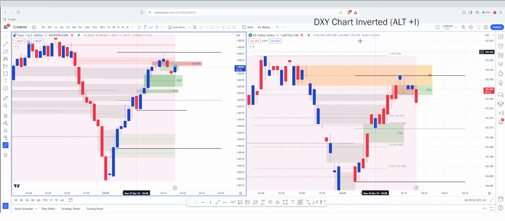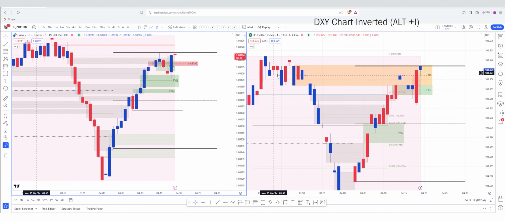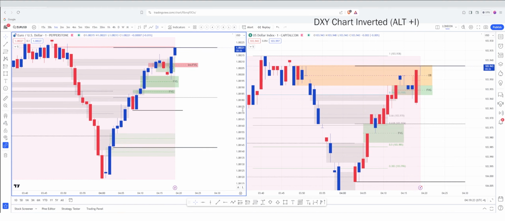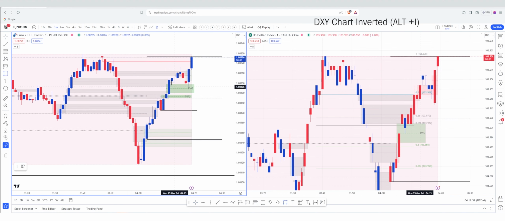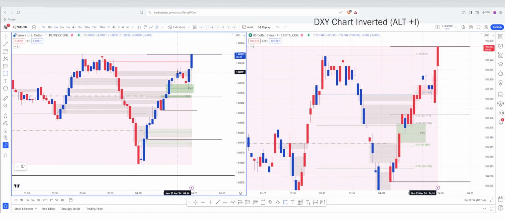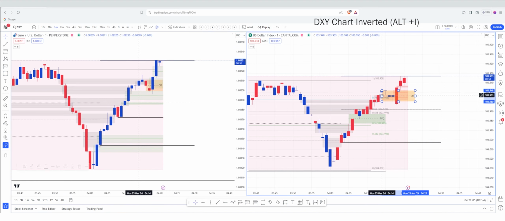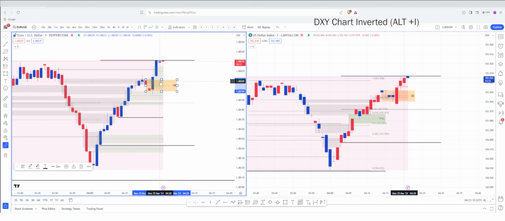Gap lower. Building an SMT the other way. I know the euro's going as well. Created ourselves a nice little order block in here. These areas should support price if we come back down to them. So again, if we trade through this, that's a good sign. Could end up with a breaker.